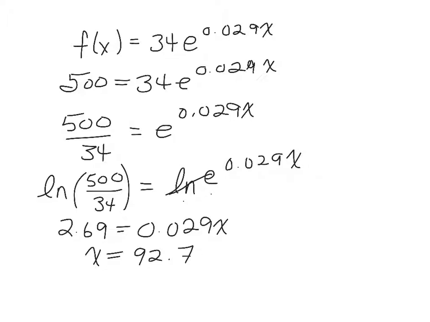And so this represents 92 or 93, because we're asked to find the first full year, 93 years past when x is 0, so 1900, x was 0. So here we have 1900 plus 93, so 1993. So in 1993, that was the first full year that wine consumption reached 500 million gallons.